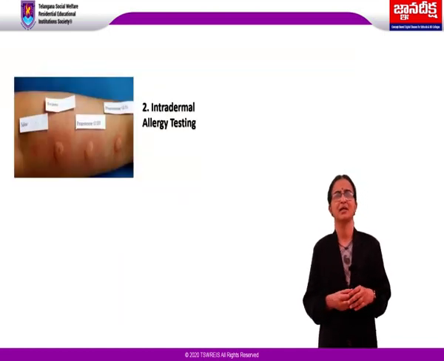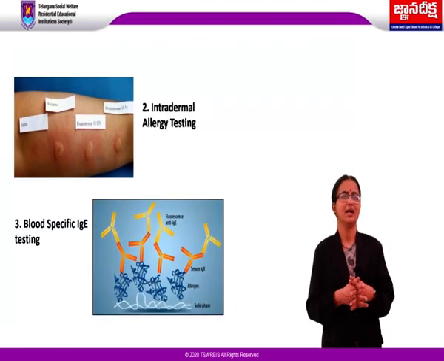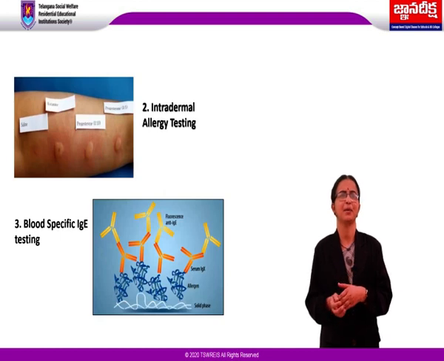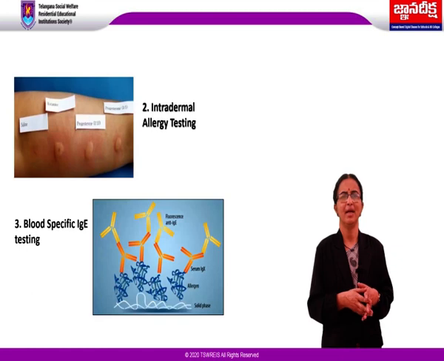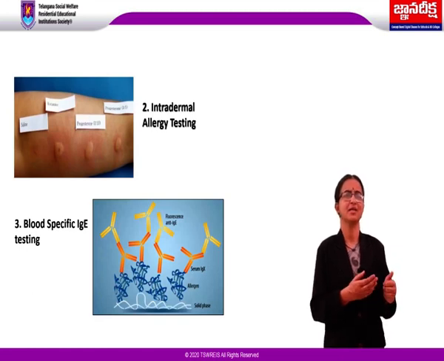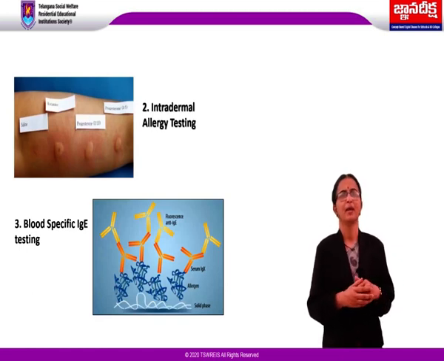Blood-specific IgE testing to a wide range of allergens detects and quantifies allergen-specific IgE. It can be used to diagnose all types of allergies, but it is generally less sensitive than skin prick testing.